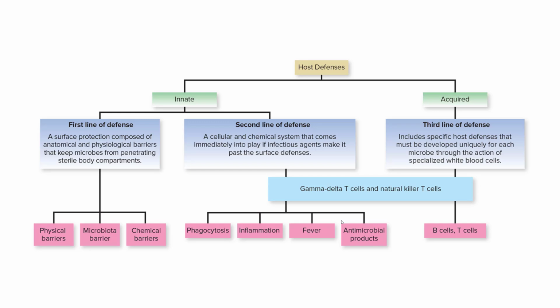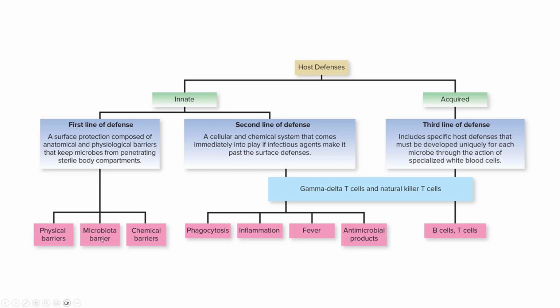Now, this figure here gives you a little more detail. So, broadly speaking, defense, innate, first, second lines, acquired, third line. And then they branch down further so you can see what general characteristics make up each. So first line would be things like physical barriers, skin, mucous membranes. Our microbiome actually plays a role in this.